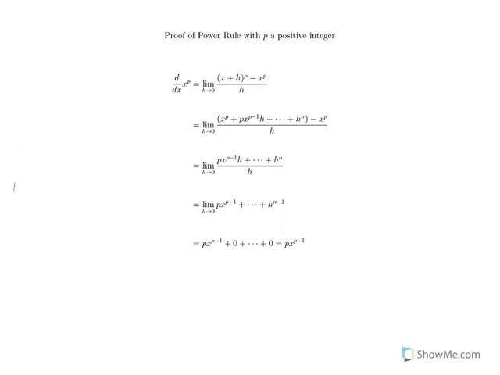So let's see why this is true for p being a positive integer. Note that the proof for the rest of the cases is going to be a little bit more challenging, so we're just going to stick to this one to show some reason why it's true. Note that for all or almost all derivative rules that are brought to our attention, we are going to go through and see why they are true.